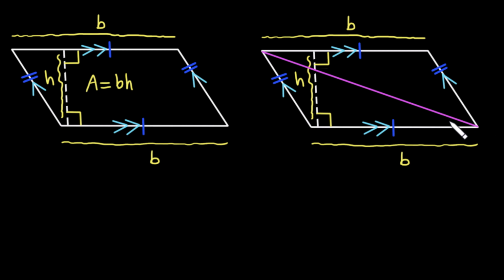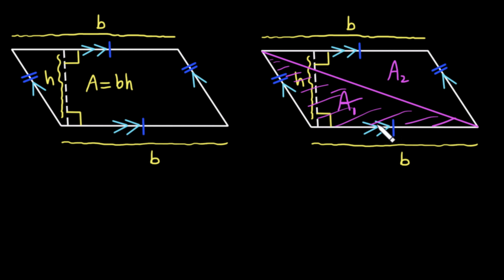Let's say this one is A1, the first triangle, and this is A2, the area of the second triangle. Now, if we want to find the area, for example for this triangle, it's very easy. As we have said, this triangle is congruent with this triangle.